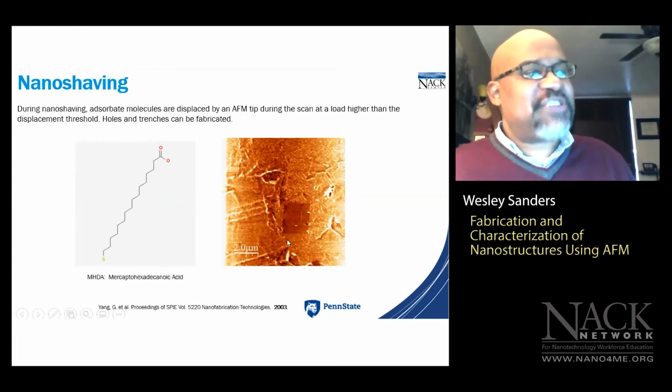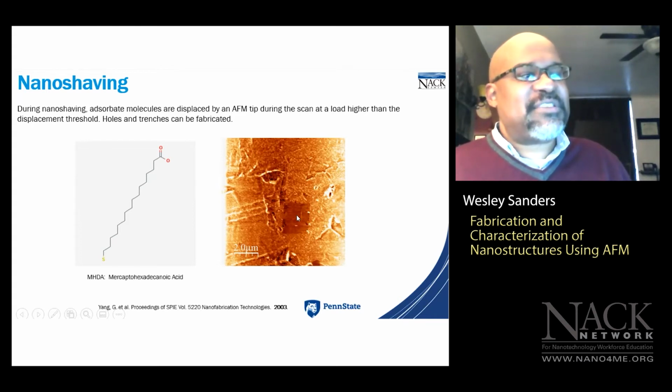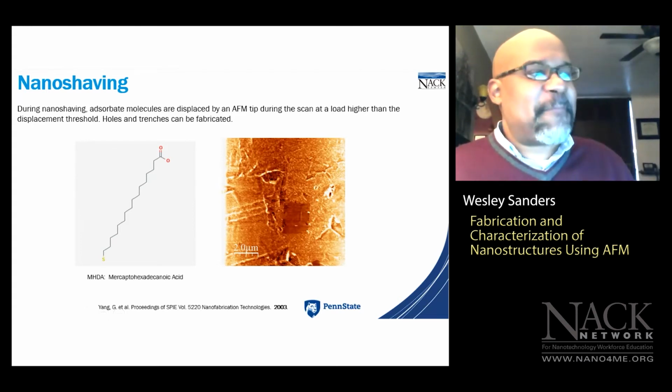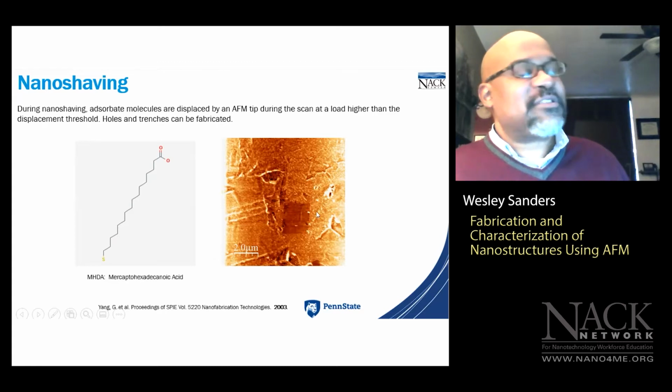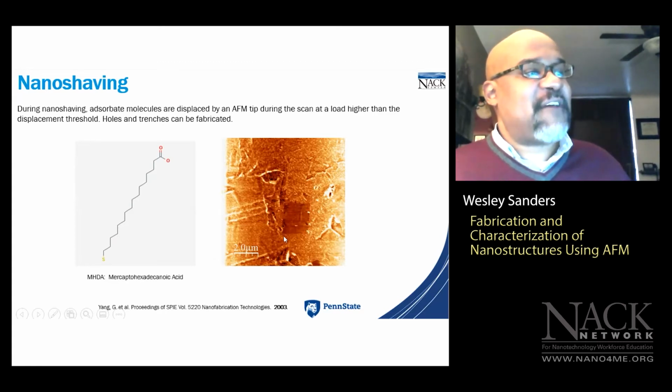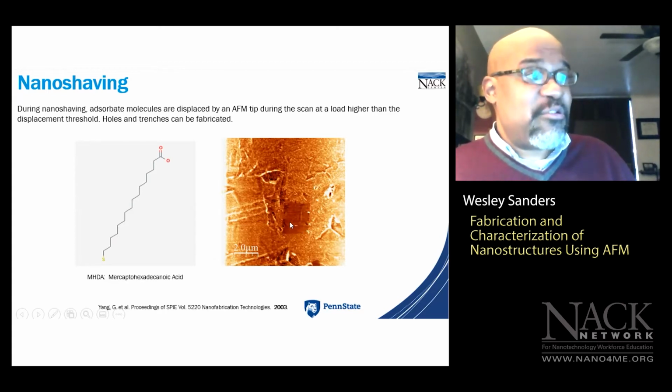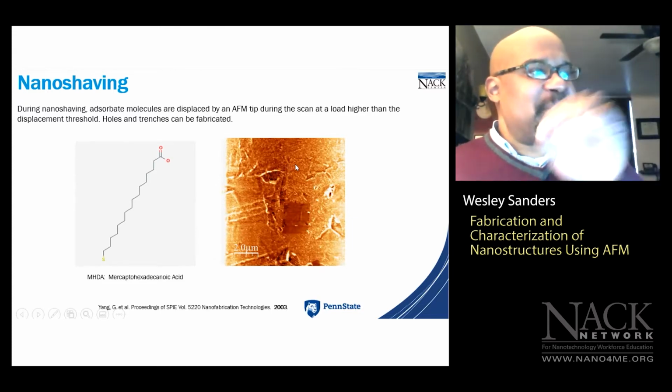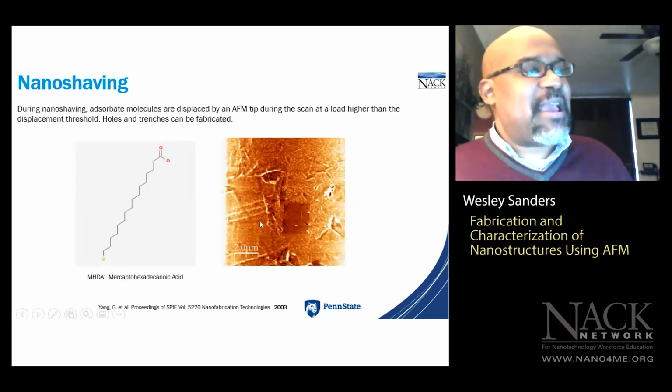So I used nanoshaving to try to localize an area where one or two bacterial cells would stick, so we can again perform our measurements on the nanofilaments growing out of the cell bodies. But in any event, this is typically how nanoshaving works. So this is one of many examples of what you can produce when you use your tip to etch or machine or produce a pattern in a self-assembled monolayer film.